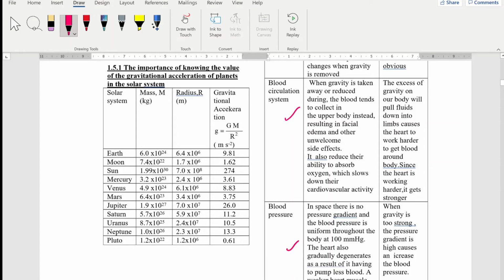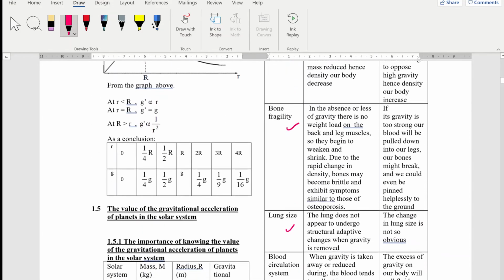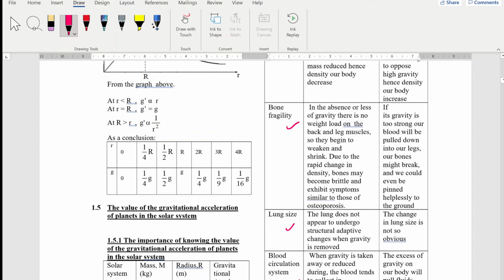Okay, so for bone fragility, if there is no gravity, there is no load on our back and leg muscles, so they will weaken and shrink. So bones may become brittle. If gravity is too strong, our blood will be pulled down into our legs. Our bones might break because it is too strong, and we could even be pinned helplessly to the ground.